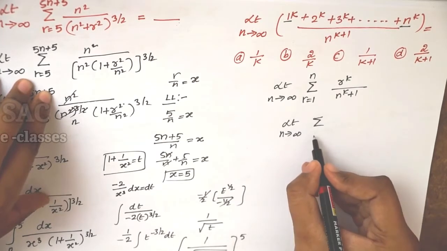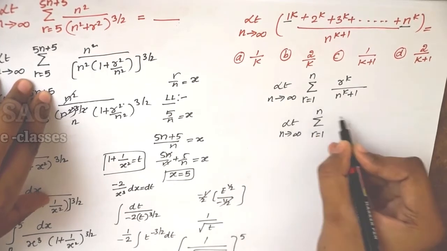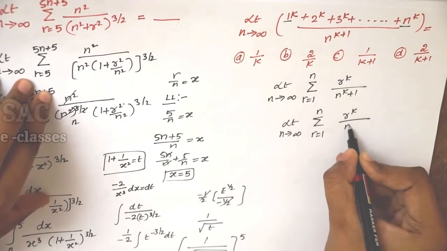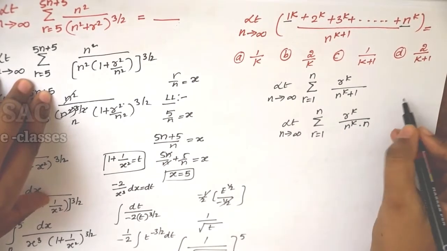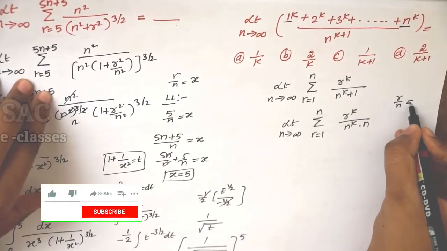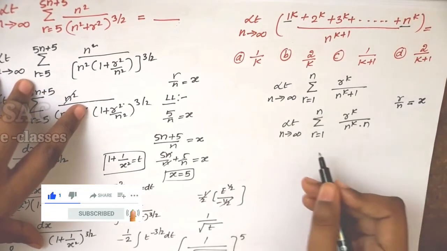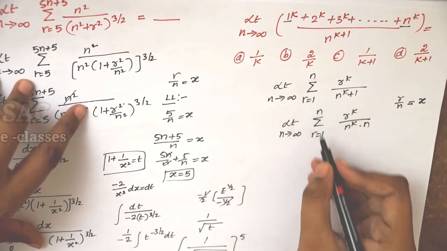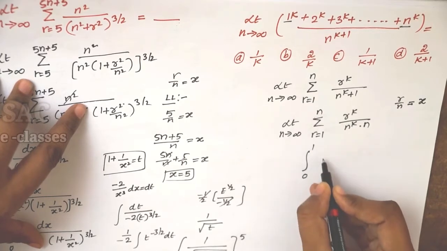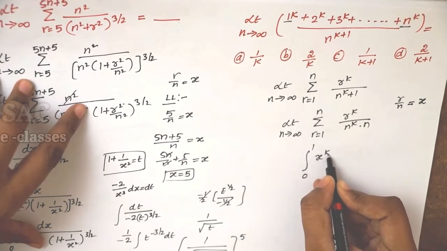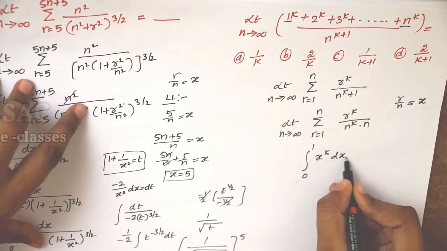Limit n tends to infinity, r is equal to 1 to n, r power k by n power k into n. By taking r by n as a variable x, it varies from 1 to n, so you can write 0 to 1 x power k dx is the integration.